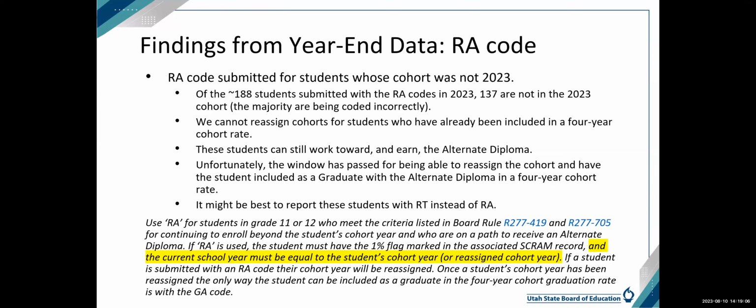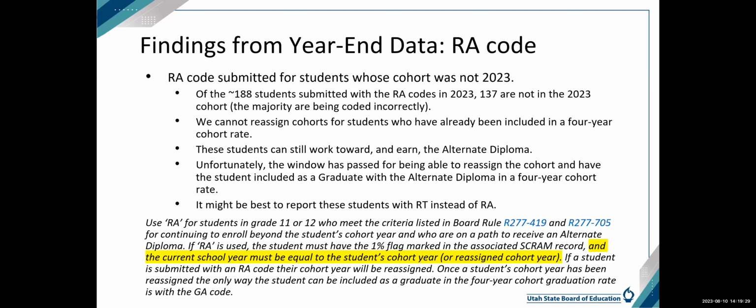And we can't reassign cohorts for students who have already been included in a 4-year cohort rate. So these students can still work towards and earn the alternate diploma. But unfortunately, the window has passed for being able to reassign the cohort and have the student included as a graduate with the alternate diploma in a 4-year cohort rate.